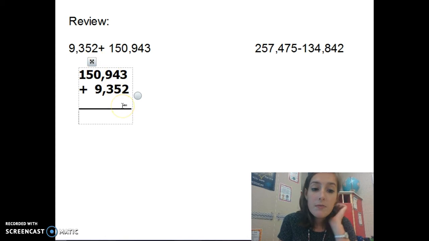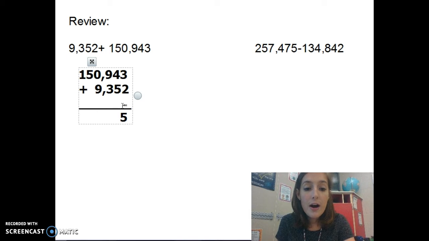So let's go ahead and solve this. 3 plus 2 is 5. 5 plus 4 is 9. 9 plus 3 is, good, it's 12. But what do I need to do? I need to put my 2 down at the bottom, and my 1 would be carried up top.